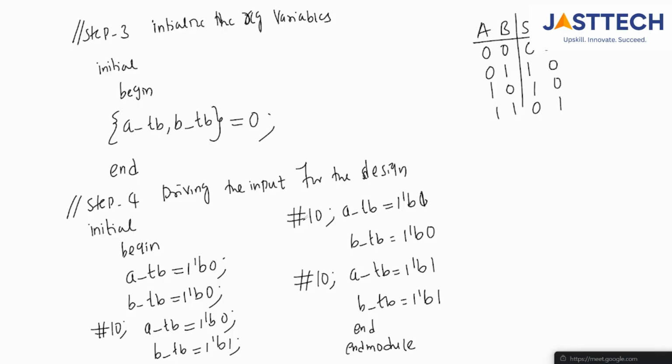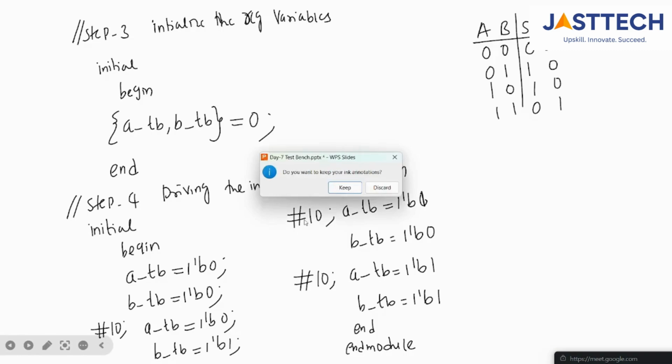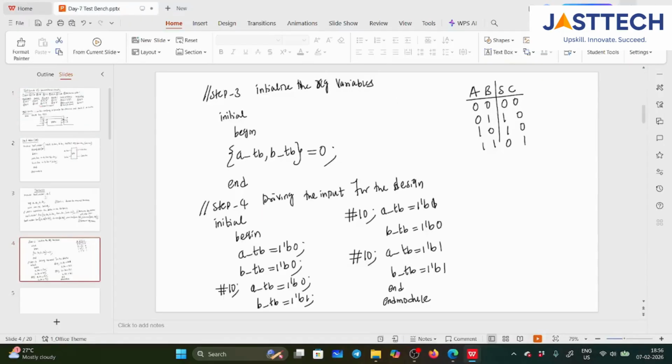The time scale I am giving is nanoseconds, so this is in terms of 10 nanoseconds. Is it fine? Did you understand this? Yes. I'll show in the coding. One second.